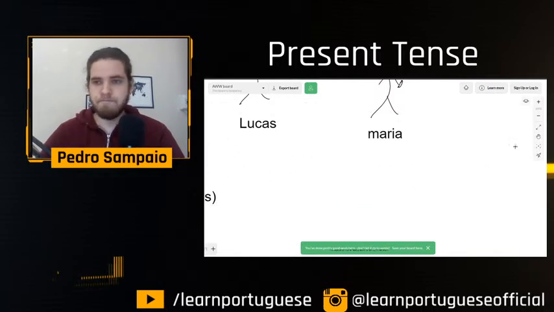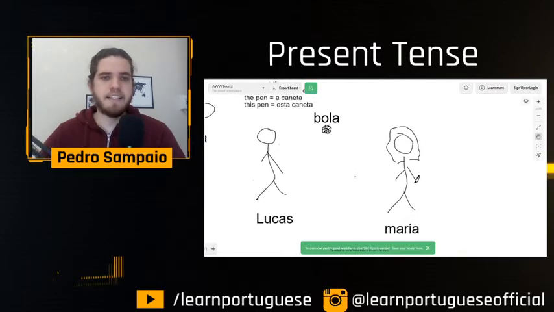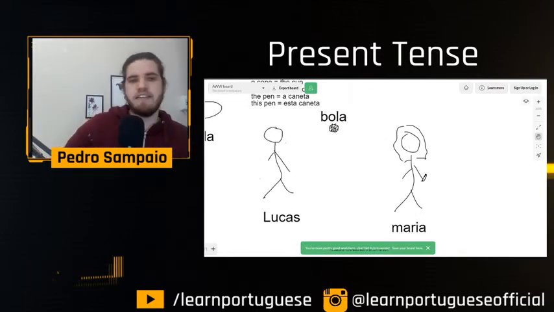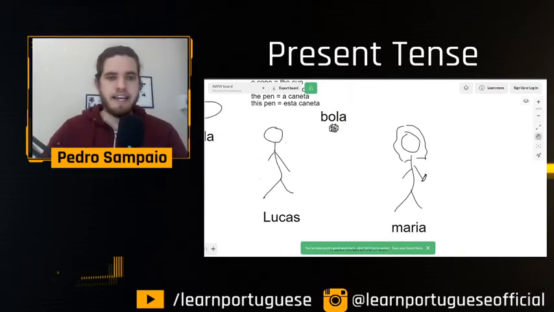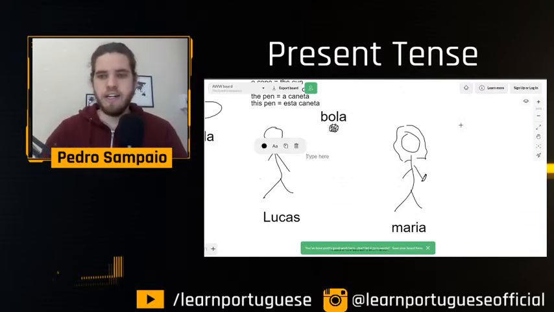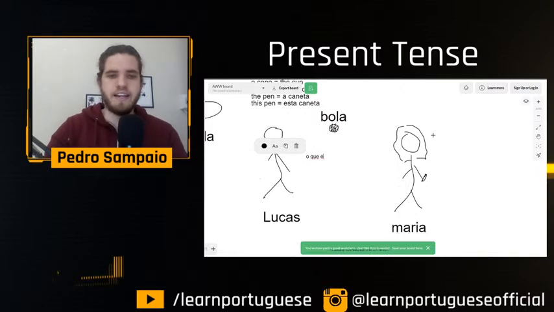topic. Okay, so let's say that the bola, right here, the ball is a feminine object and it's far from both Lucas and Maria as well. So they would both say, if it's unidentified, how can I ask, what is that? They are both going to use o que é aquilo.